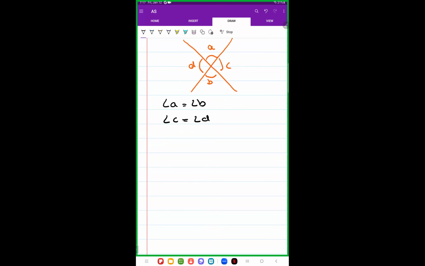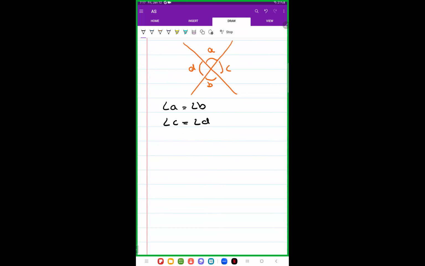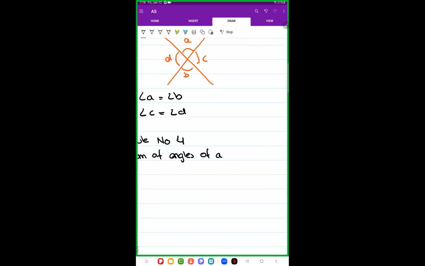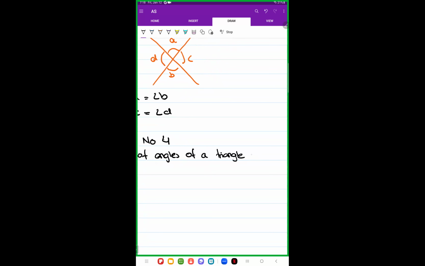Let's talk about rule 4. All of these will make much more sense once you practice questions. It says the sum of angles of a triangle is 180 degrees.